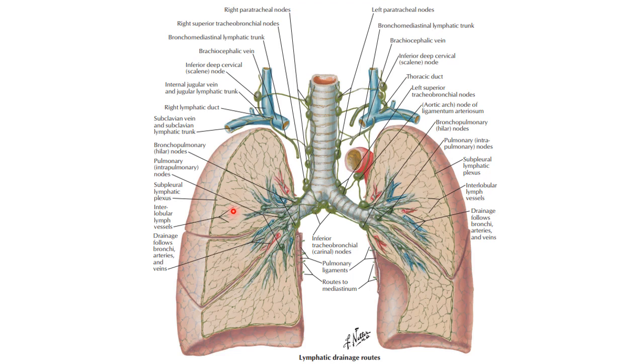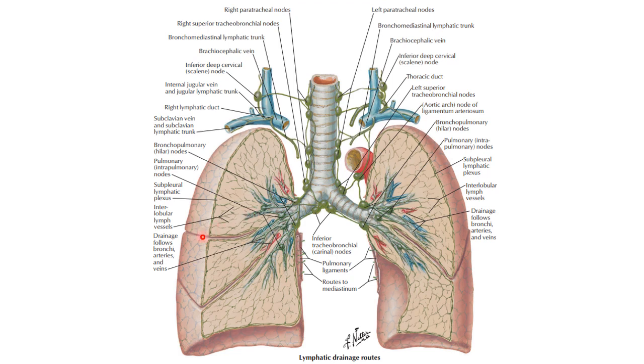The first lymphatic channels would be the interlobular lymph nodes or lymph vessels, sorry, interlobular lymph vessels. The interlobular lymph vessels will fuse with each other up until they encounter detectable bronchi.